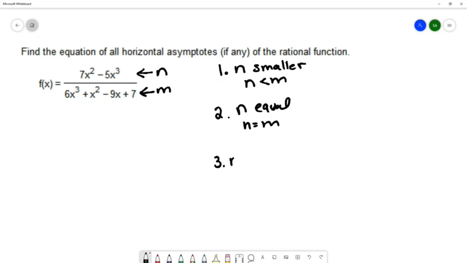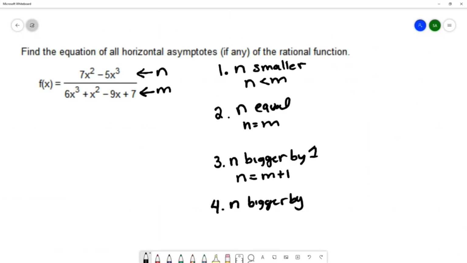So n is bigger by 1. And symbolically, I would write that as n being m plus 1. N is 1 more than m. And then the last case is n also being bigger by more than 1.